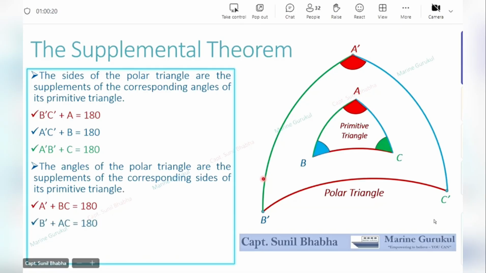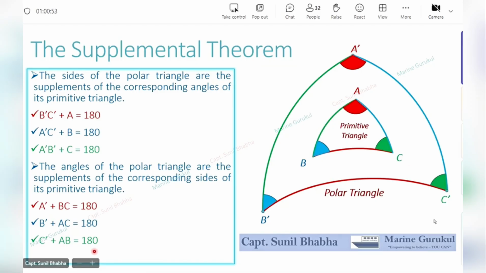We can follow this with the second angle. Let's take the example of angle B'. Angle B' and the corresponding side of the primitive triangle, which is AC, will also add up to 180 degrees. Let's now understand this with the third angle. The third angle of the polar triangle is angle C'. Angle C' plus its corresponding side of the primitive triangle, which is AB, will add up to 180.